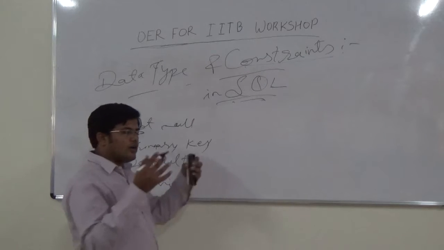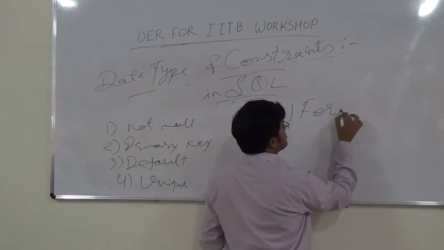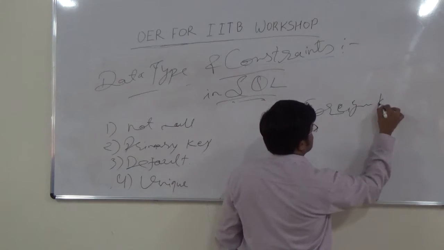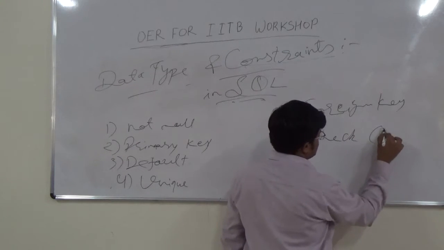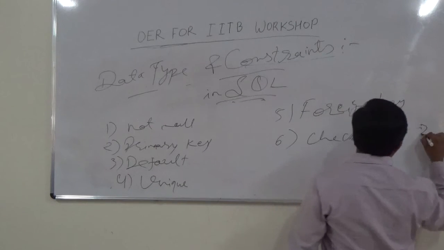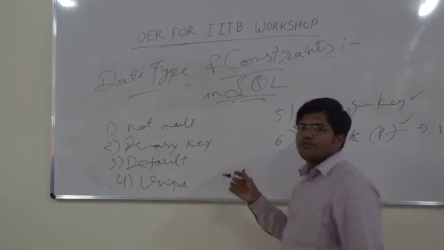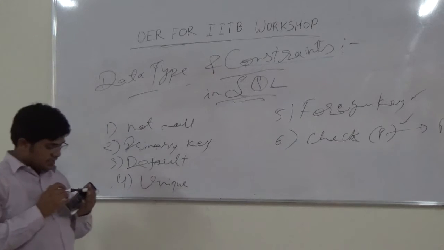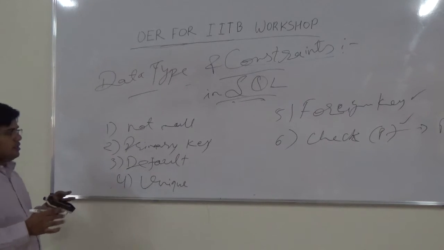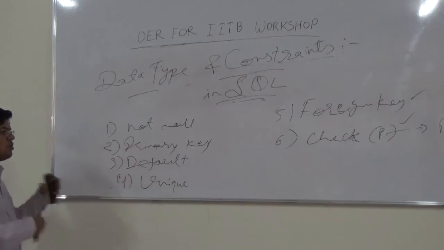Then next is the foreign key and the check constraint. Check with a predicate P represents the predicates. Foreign key and check are two other necessary constraints which we use to create any SQL query. These are the basic things which we are going to use again and again.